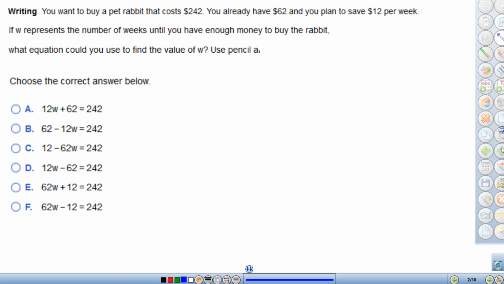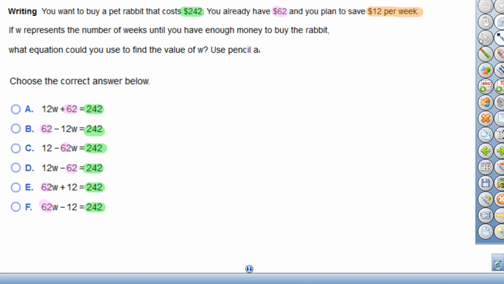Alright, let's take a look at number 2. You want to buy a pet rabbit that costs $242. So let's just stop right there for a minute. Now look, all of these say $242 is what it's equal to, so that's a good place to start. Alright, you already have $62. And then we plan to save $12 per week.